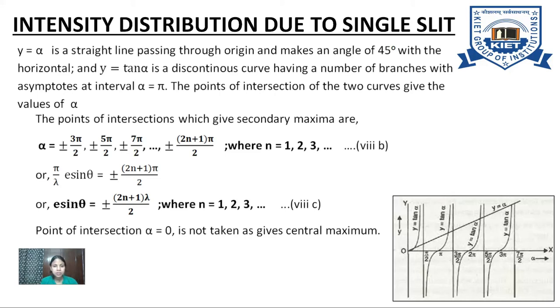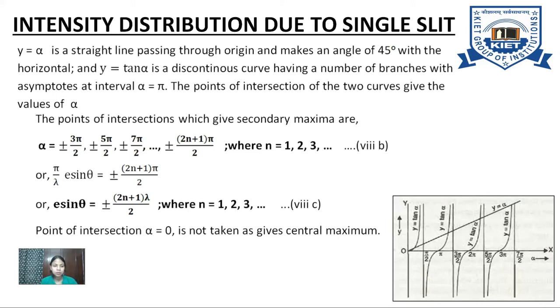The points of intersection which give secondary maxima are alpha equals plus minus 3 pi by 2, plus minus 5 pi by 2, and similarly if we generalize this we get alpha equals plus minus (2n plus 1) pi by 2. Here n can take values 1, 2, 3, and so on.